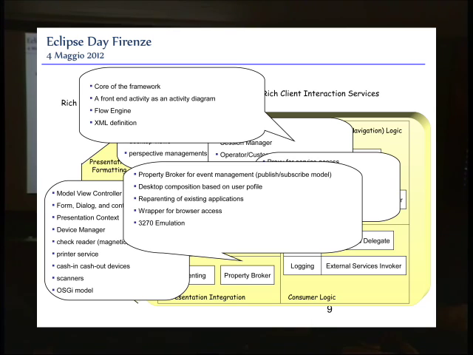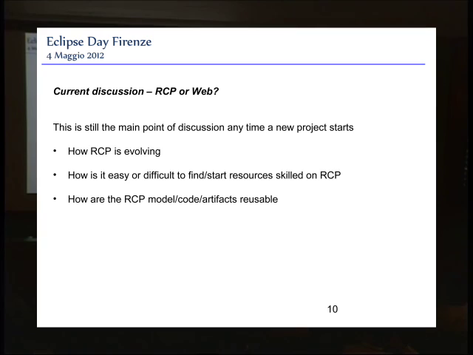And we built also a kind of broker. That means to be able to have a kind of bus in the client to share events, to share data, and so on. Okay, this is just an overview, I don't have time to go into detail.